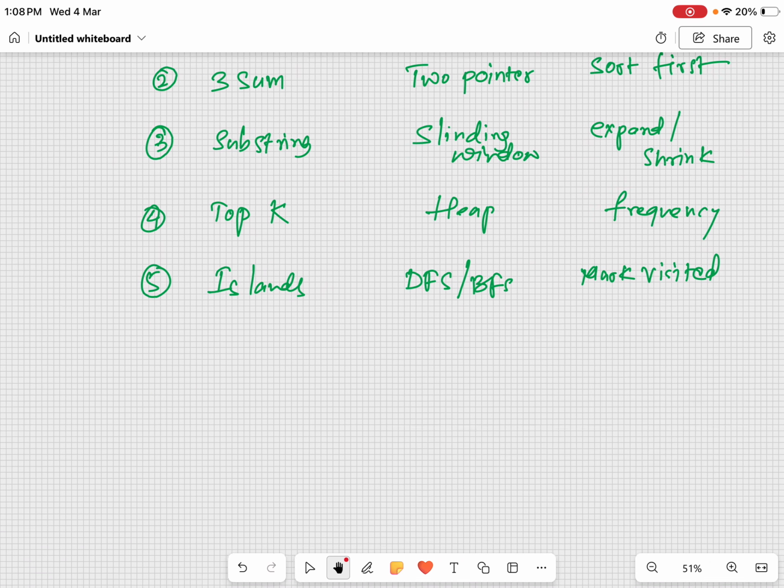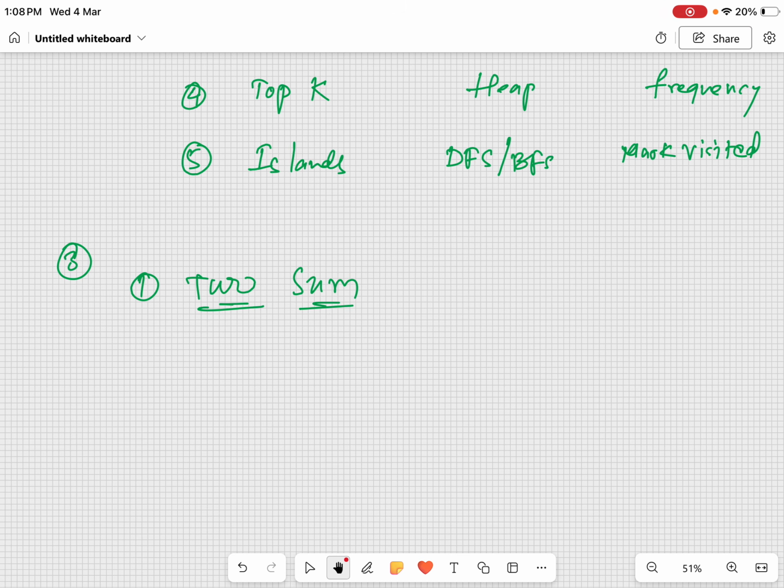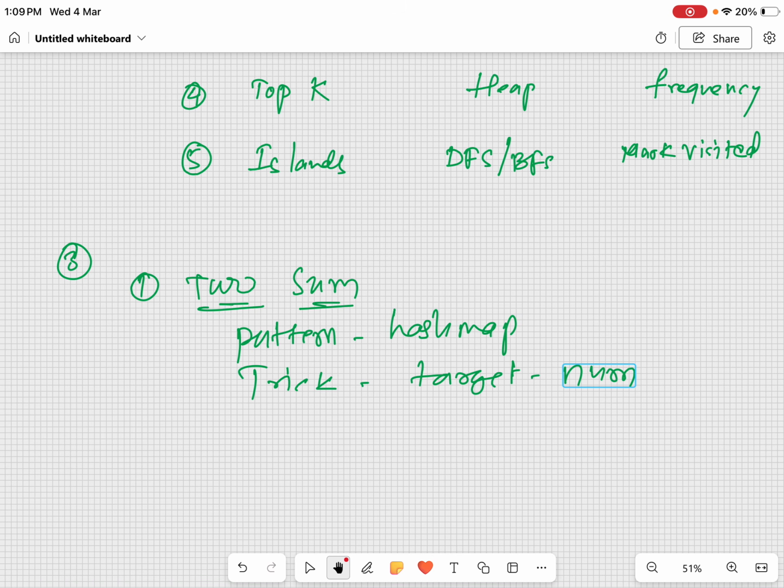Now first I will go to our two sum problem. So in this two sum problem, we are using the HashMap pattern. Correct? And the trick is target minus number, that should be the current number.